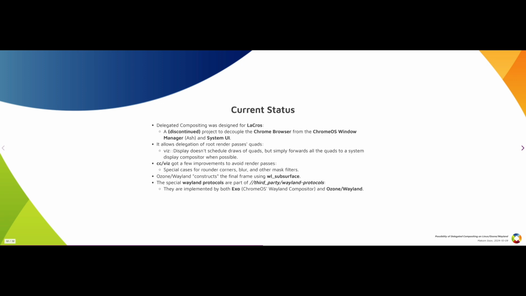As we have covered the high-level overview of what delegated compositing is and its benefits, let's now talk about the current state. As was said before, the feature was designed for Lacros, the purpose of which I explained at the beginning of this talk.